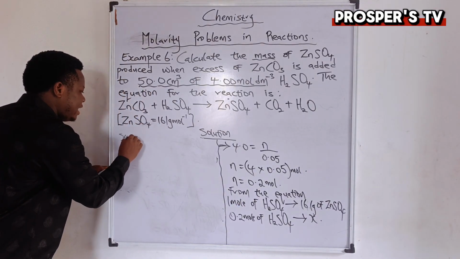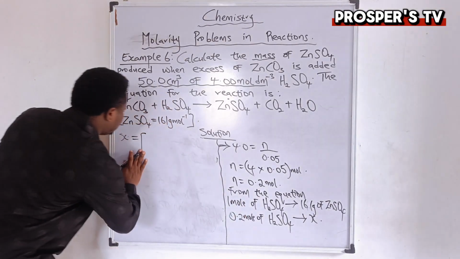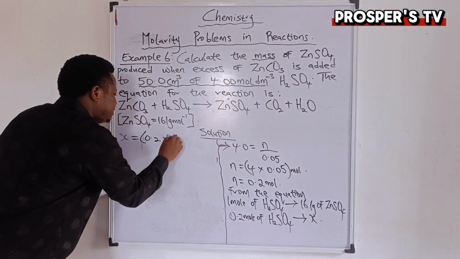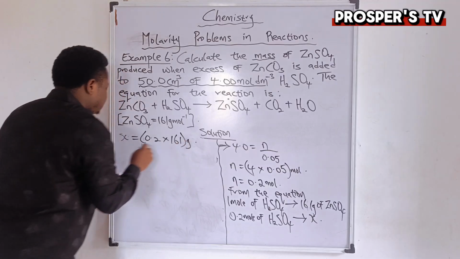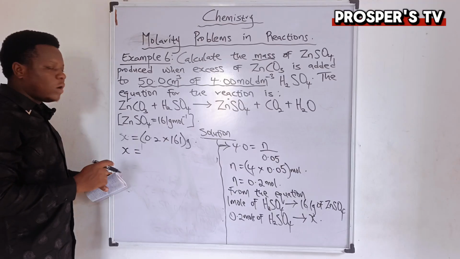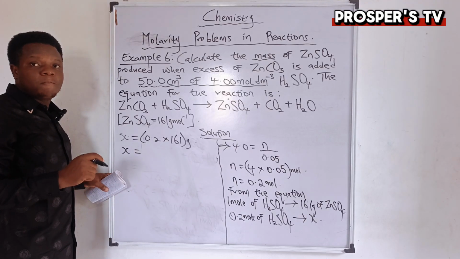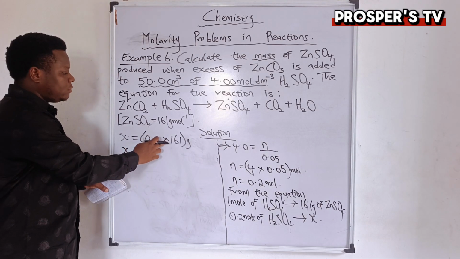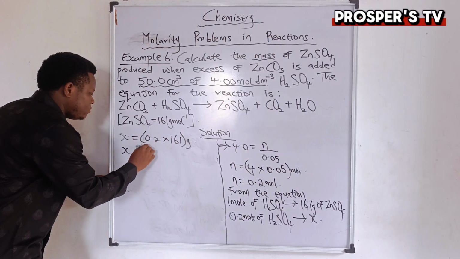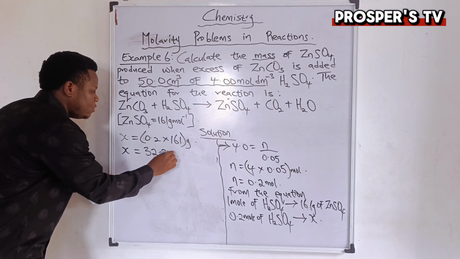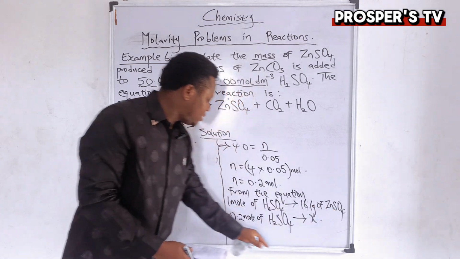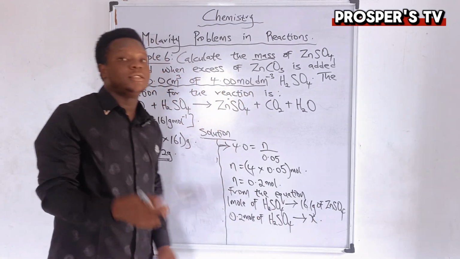So my answer becomes X would be equal to 0.2 multiplied by 161 grams. So calculator, punch. 0.2 times 161 would give us what quickly? 32.2. So we have 32.2 grams. So this is the mass of zinc tetraoxosulphate(VI) that was produced when 0.2 mole of the acid reacted.